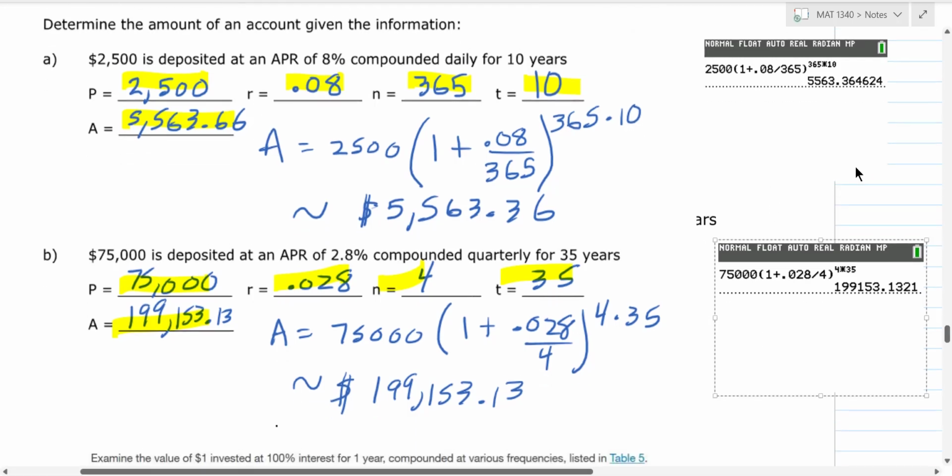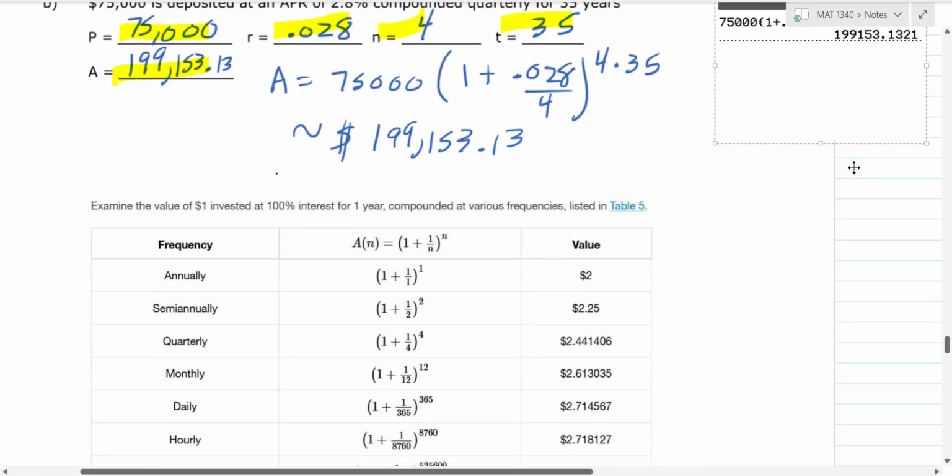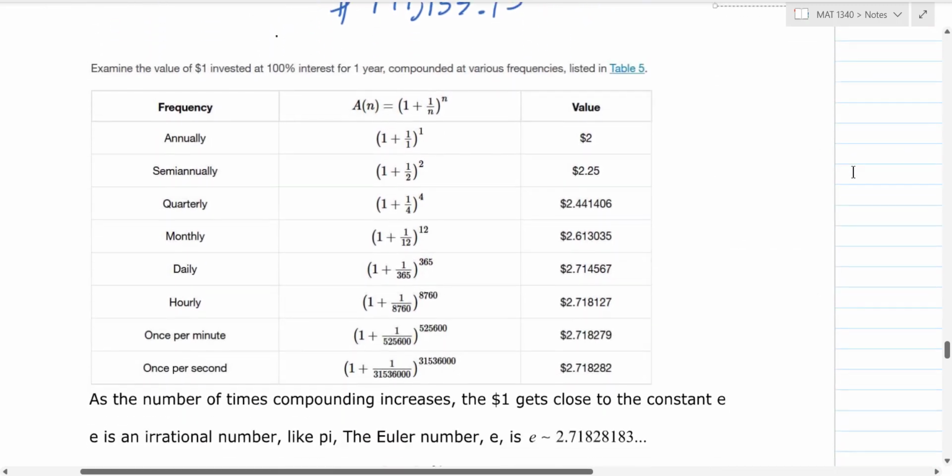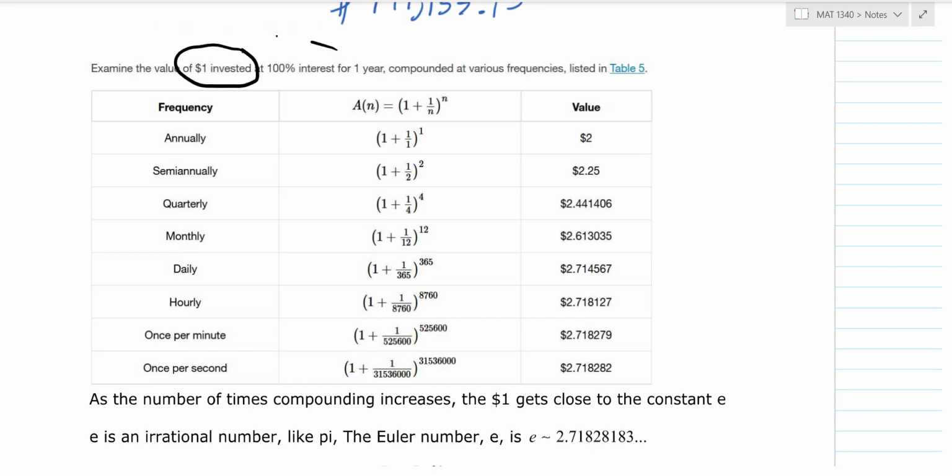Okay, all right. One more thing on here then. Let me show you what happens. The idea with compound interest is basically this. This table right here is just showing you that if you started with $1 and you had 100% interest for 1 year, this is kind of what would happen.